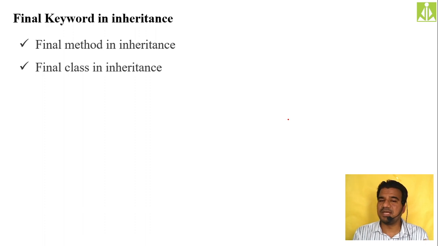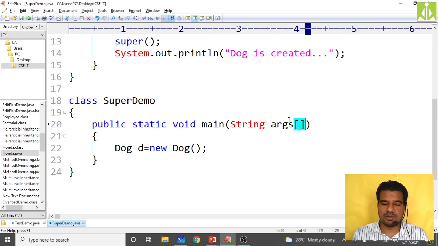Overriding in the sense of taking the same name and the same parameters in the child class. That is not allowed. Overriding of the final method from the super class is not allowed. Remember this one. The role of final method in inheritance is that one only. I will show you that very quickly.